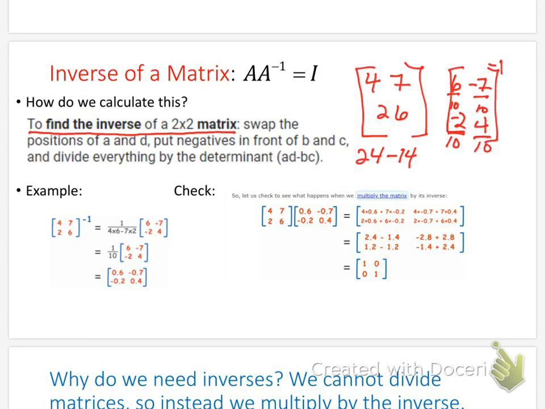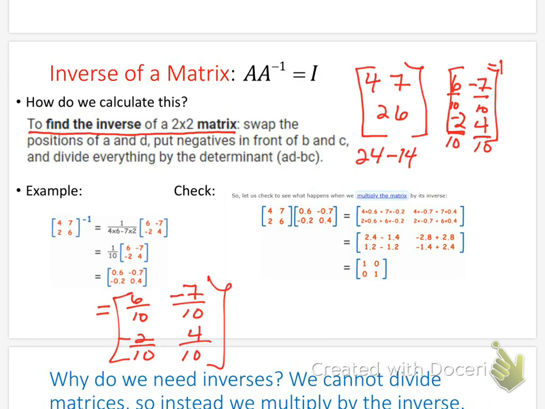This example showed this with decimals. I would prefer that you do it with fractions. So this would be 6 tenths, negative 7 tenths, negative 2 tenths, and you can reduce these if you wish, positive 4 tenths. That's your resultant matrix.